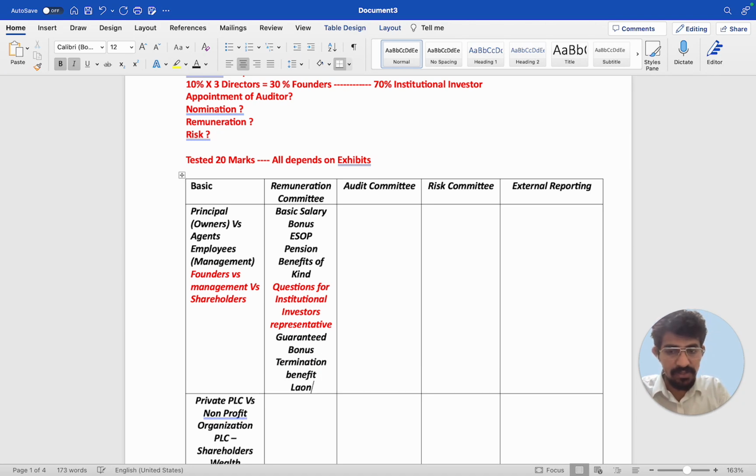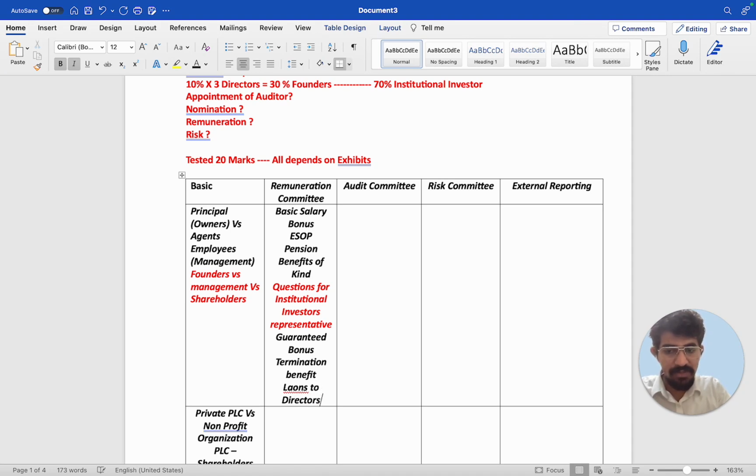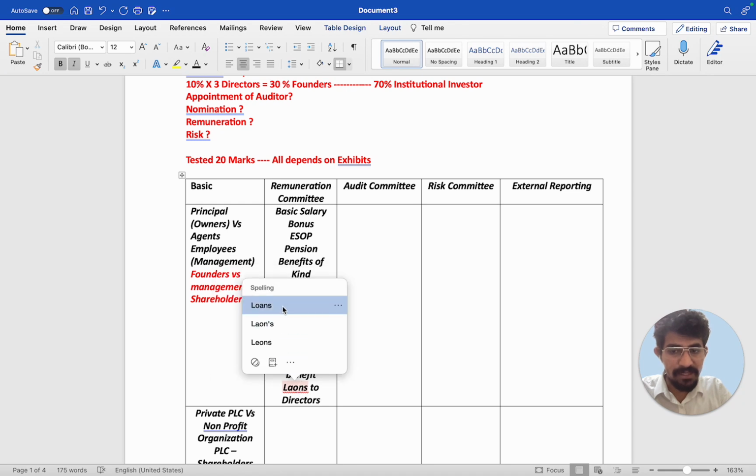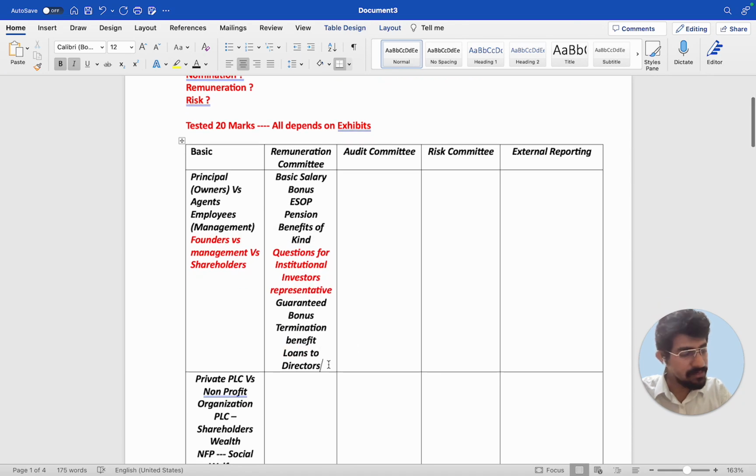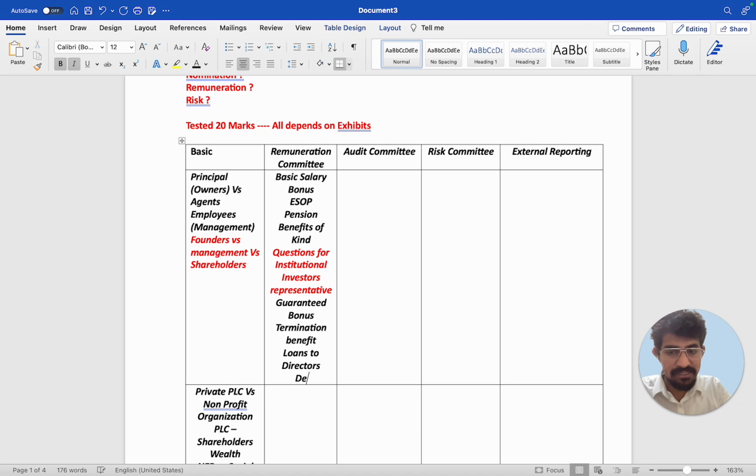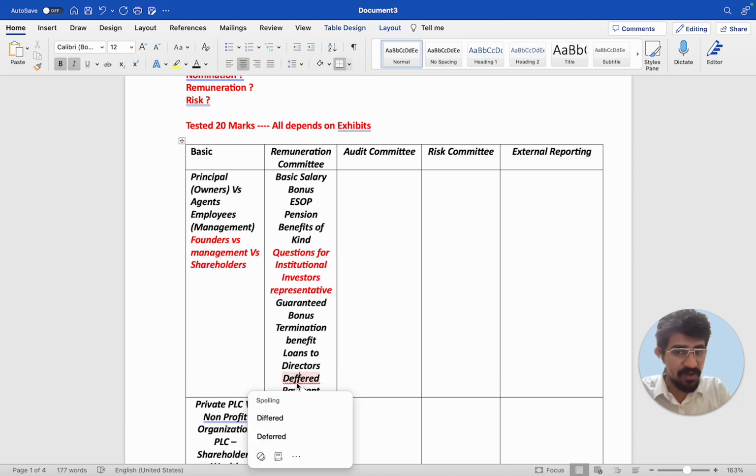Then loans to directors at a lower price, because certain companies offer housing loans and everything is possible for the employees. And then deferred payment, which means you can get some benefits later, not now.